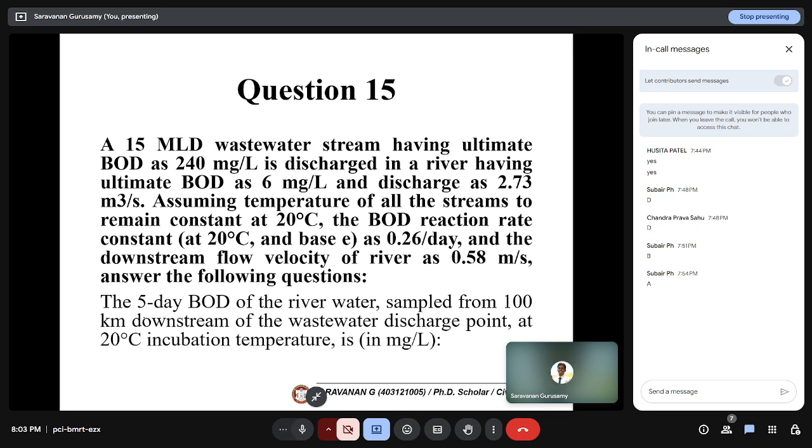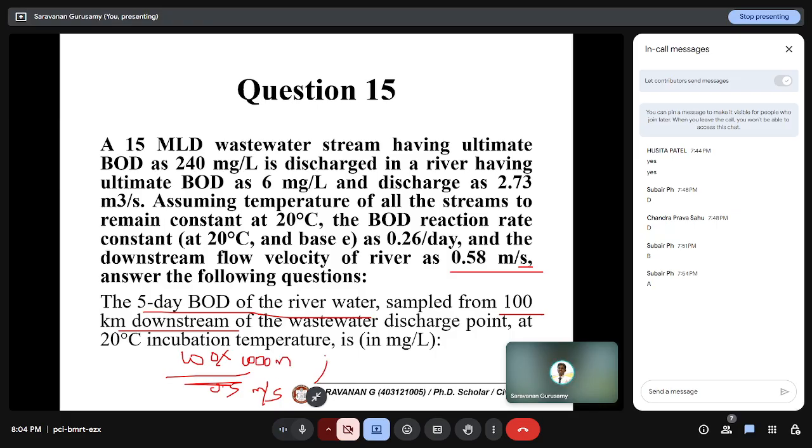Same question, 5-day BOD of the river water sampled from 100 km downstream. So how much time will it take to move 100 km? Velocity of the river is 0.58 meter per second. So time is 100 divided by 0.58, where 0.58 is meter per second. 100 kilometer is 100,000 meters.